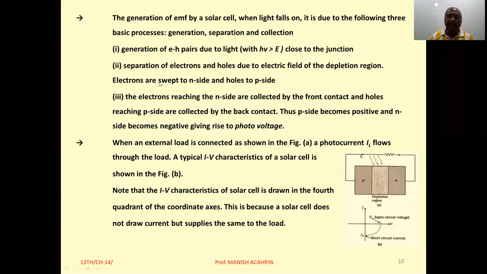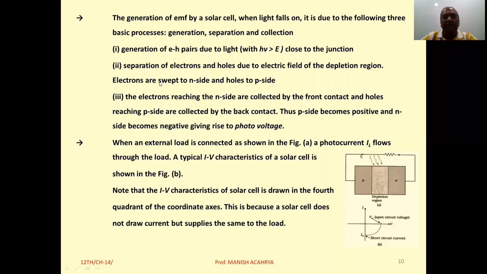So the front contact will be negative and the back contact will be positive, so a potential difference will be generated here. Now, if a resistance is connected in the outer circuit between these two electrodes, then current will be constituted from the P-type semiconductor, the back contact, to the N-type semiconductor, the front contact.